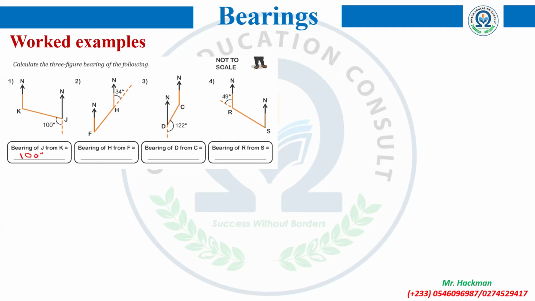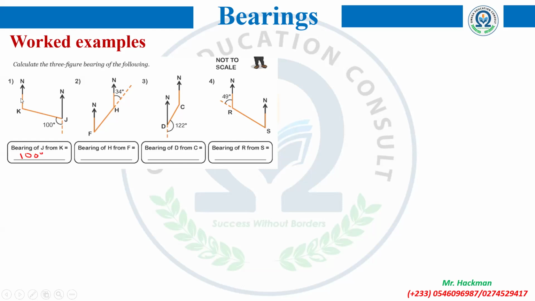Bearing angles are measured from the true north line, so you move clockwise up to where you have the line joining your two points of interest. So here, my true north, I move clockwise, and I end at the line joining my two points of interest, which are J and K. Is that clear?